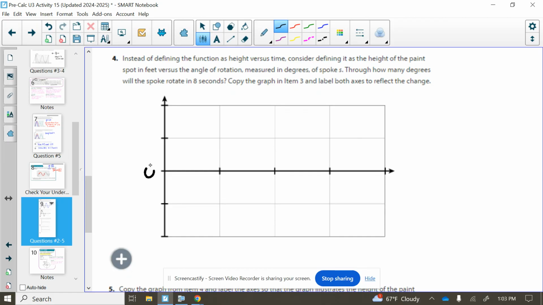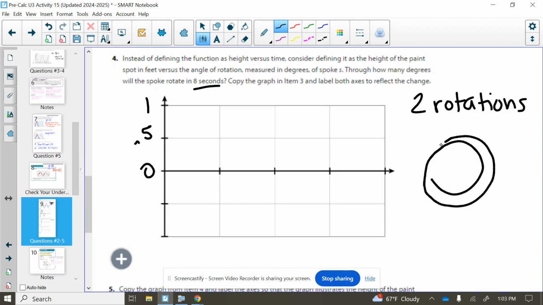Number 4 then asks us to change this again. This time they want us to find how many degrees it would be in the time of 8 seconds. Well, 8 seconds would be 2 rotations of our tire. So the 2 rotations of our tire going around once, twice, would be a total of 720 degrees.